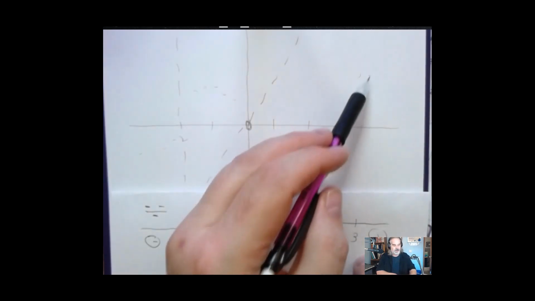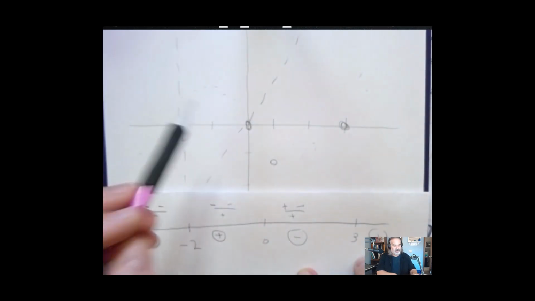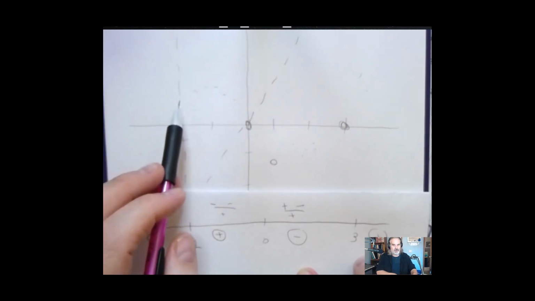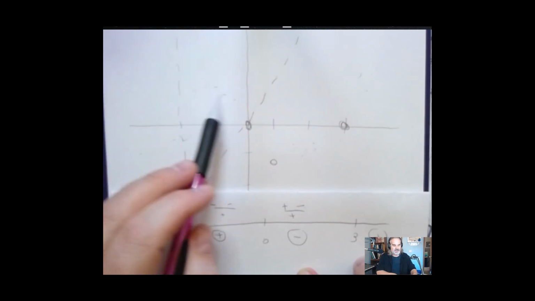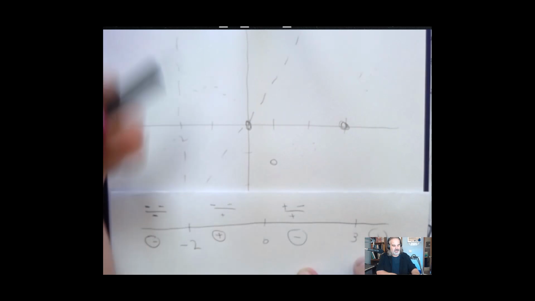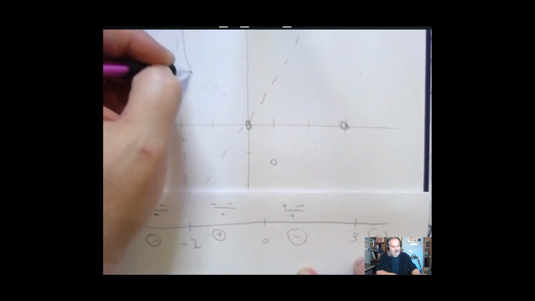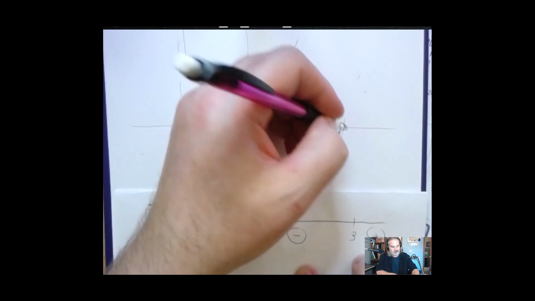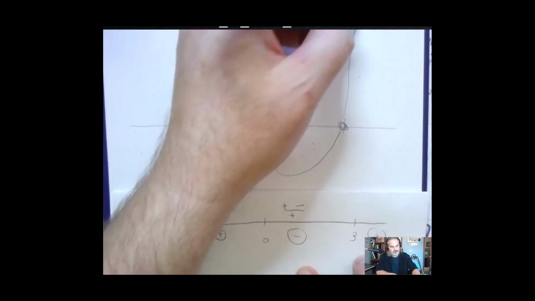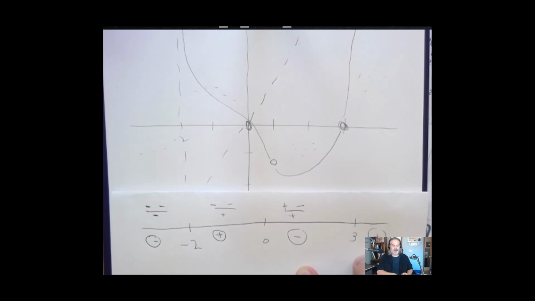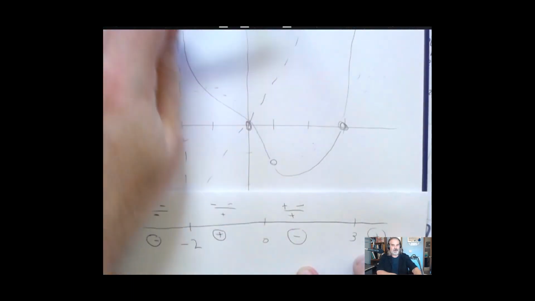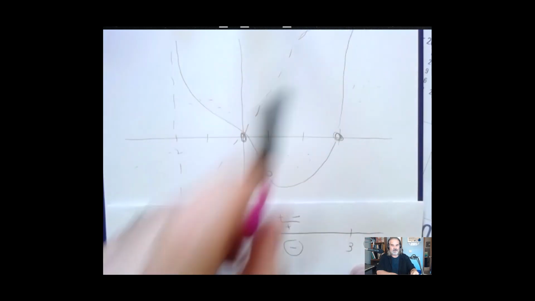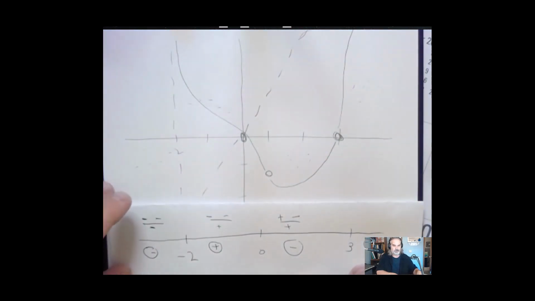Over here, got to be up here, down here, up here, and then here's a vertical asymptote. So it looks to me like the graph can be positive, then negative, and then positive just by doing this. Now, what you're not seeing here is that farther out off the paper, that slant asymptote and this graph are getting closer and closer together.